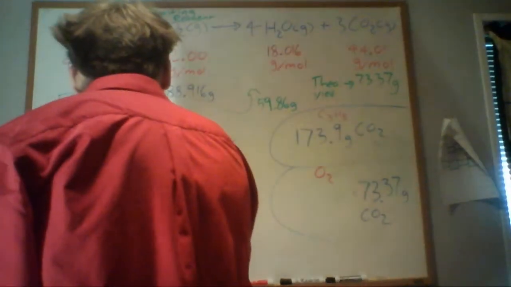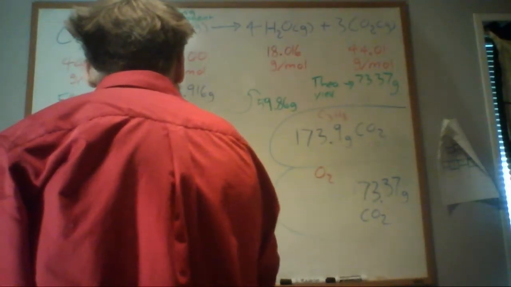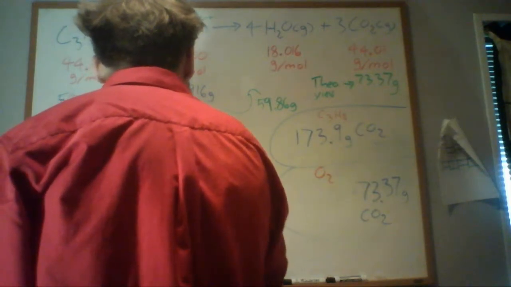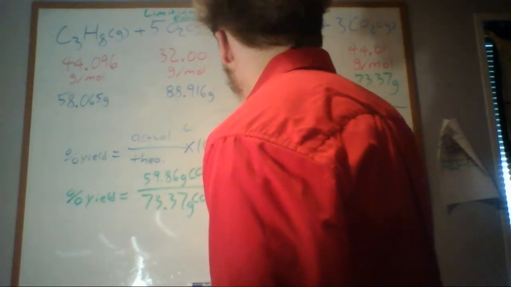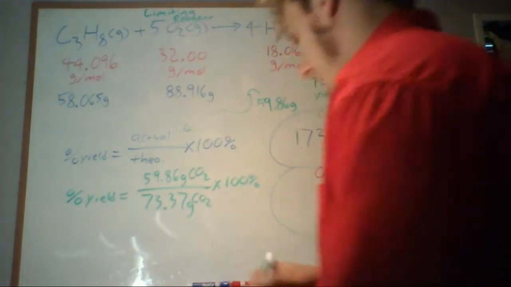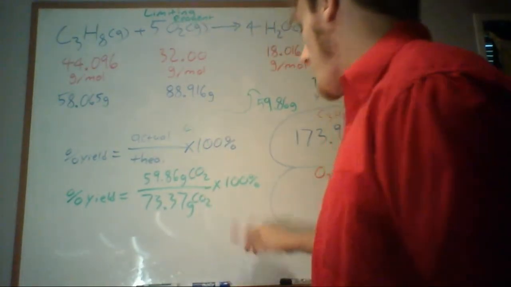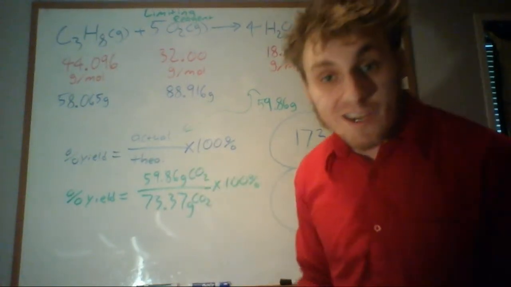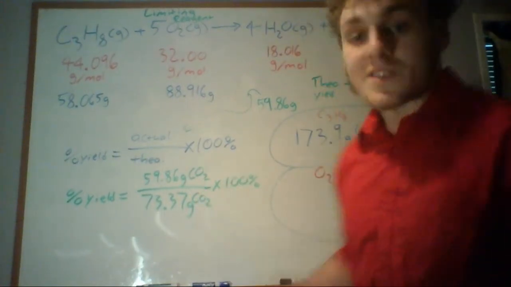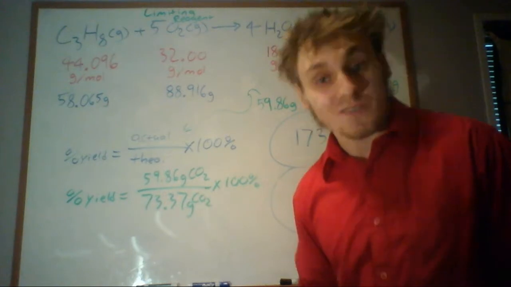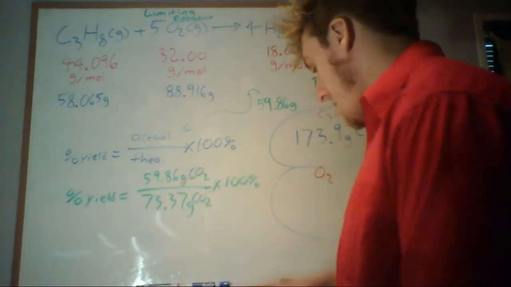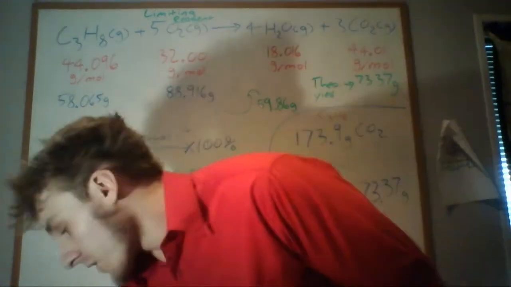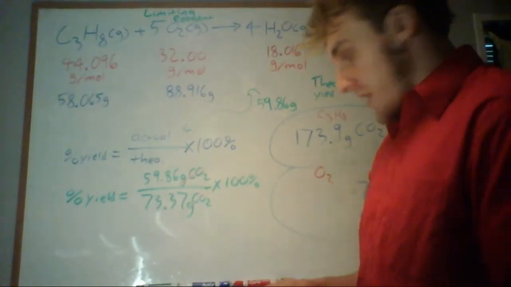of CO2. And we're going to multiply that by 100%. Notice we have grams of CO2 in the numerator here. We have grams of CO2 in the denominator. Those units are going to cancel out, right? So let me grab my calculator and we'll figure out what our percent yield actually was.